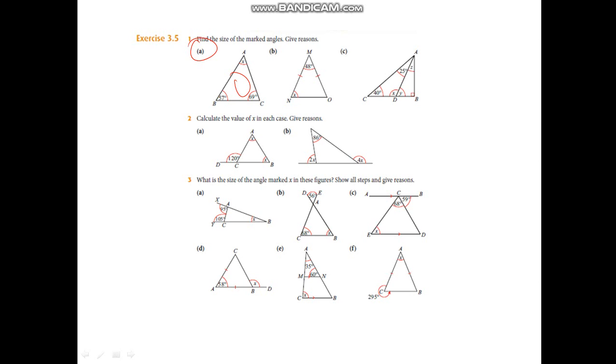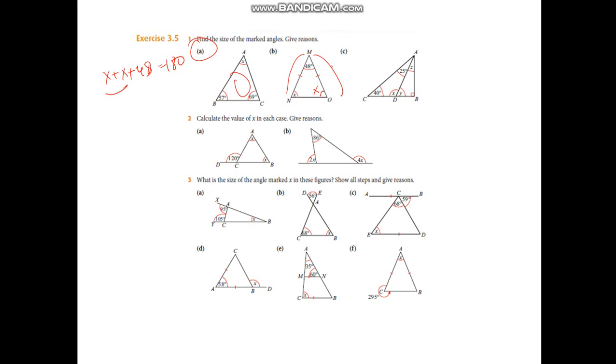And here, what kind of triangle is it? Isosceles triangle. Two sides are equal and their angles must be equal. So here if x, also here must be x. So x plus x plus the third angle 48 is equal to 180.